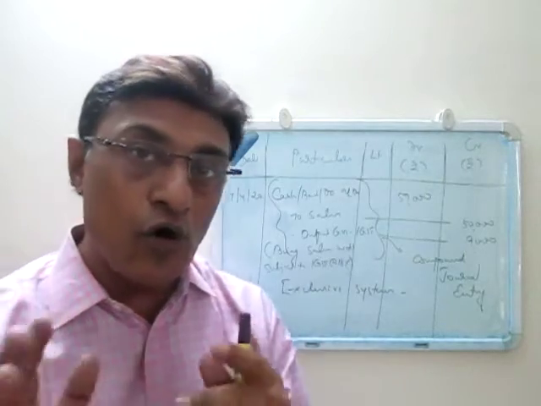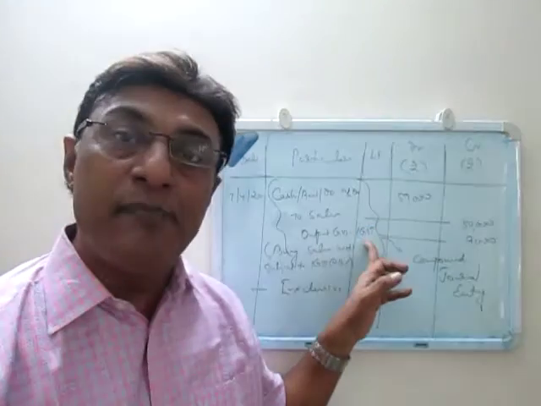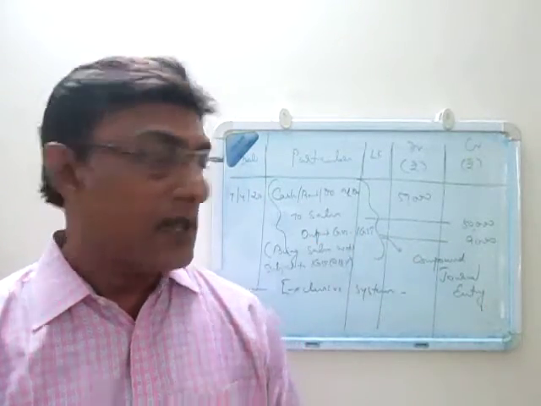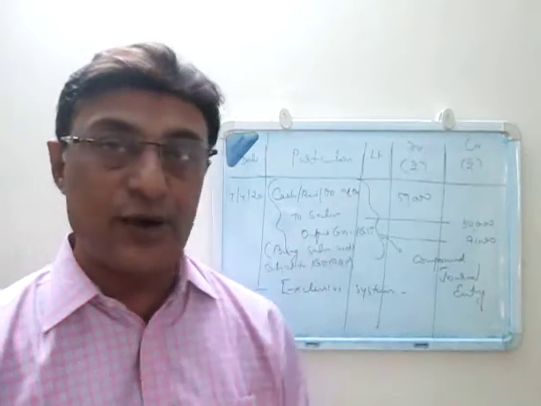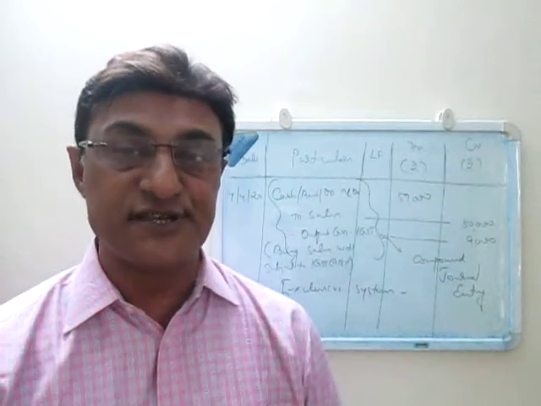For example, all the transactions involving sales and accompanied by IGST would have this entry: cash or bank or the debtors account debtor to sales to output IGST.